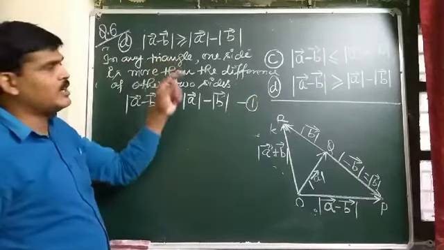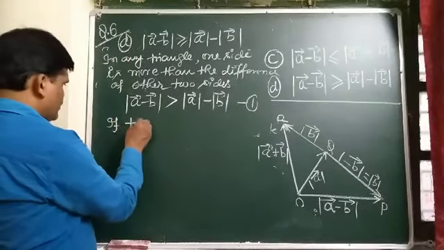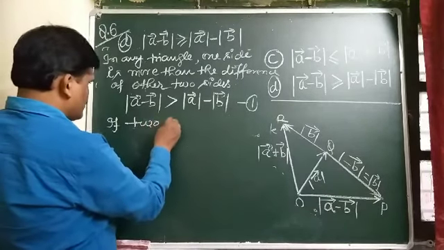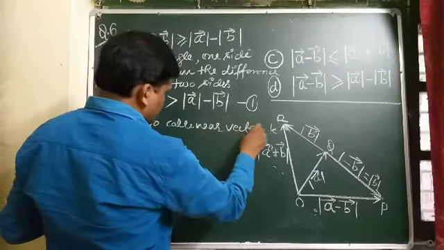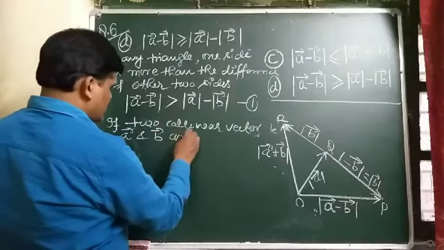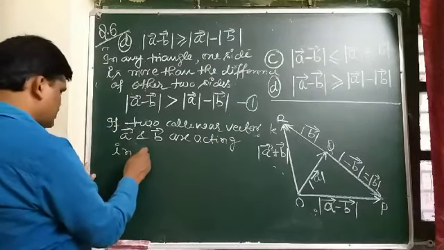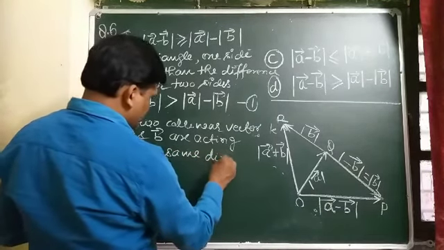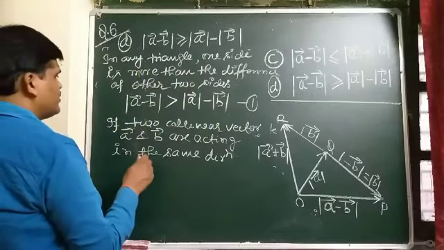And now the equality sign. The equality sign holds if two collinear vectors A and B are acting in the same direction, then we can find it in the same way as the previous cases.